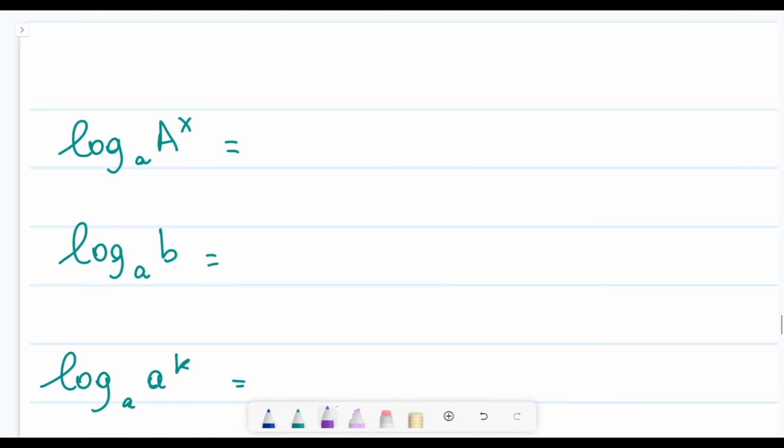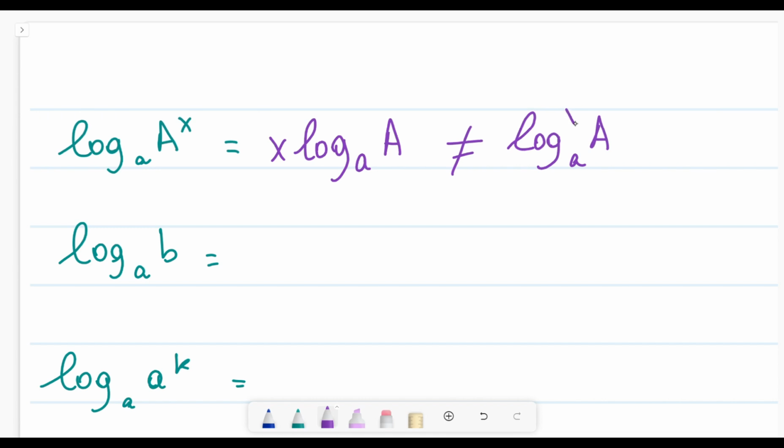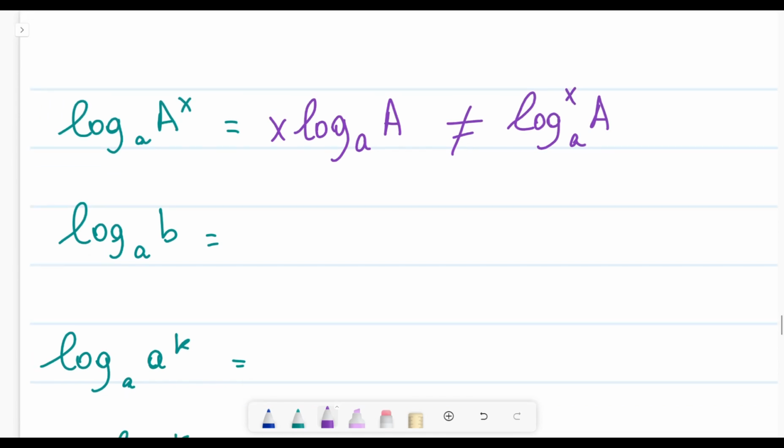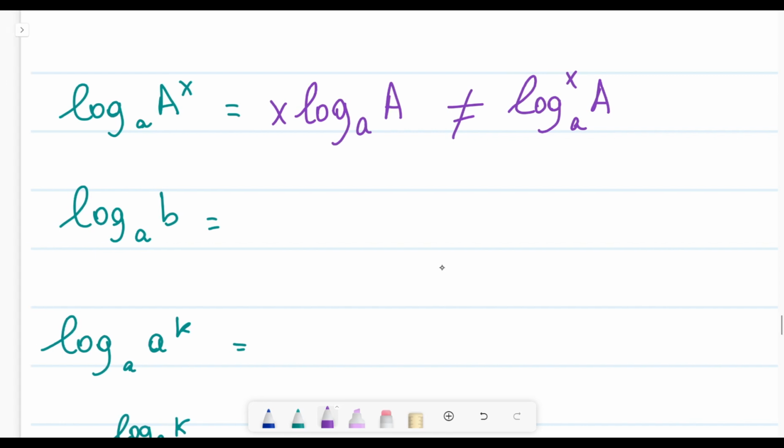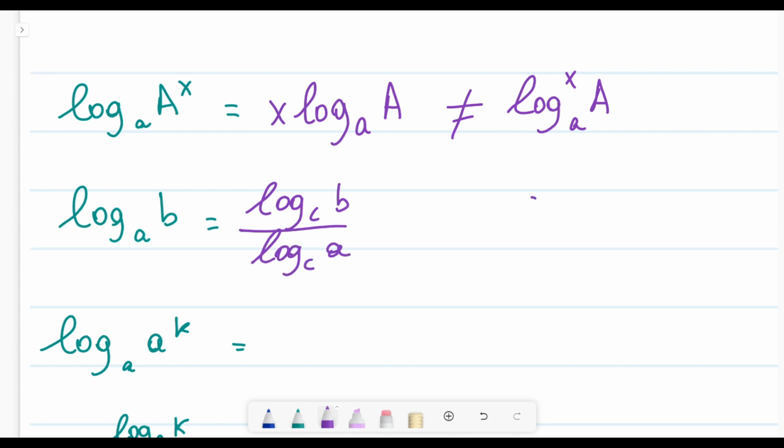Moving on, log base a of A to the x is x times log base a of A. This is not the same as what I'm writing right now. Don't mess up the notations. Now log base a of b, let's say I would like to change the base and I want the base to be c. I can write this as log base c of b divided by log base c of a.